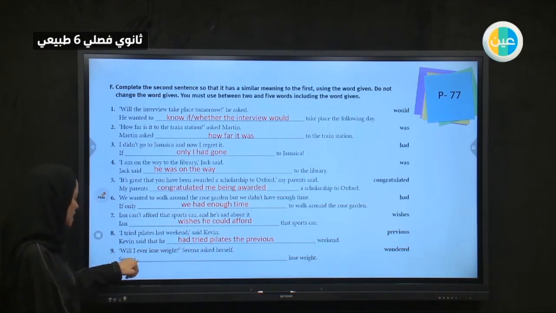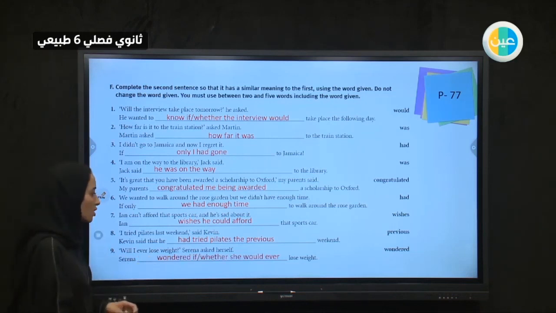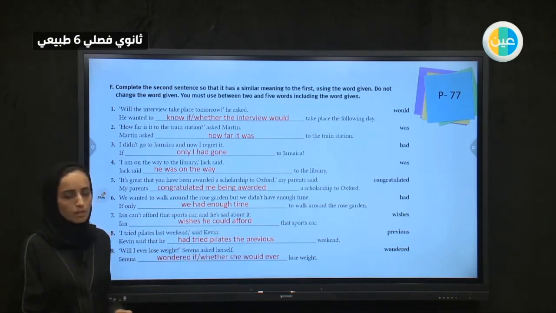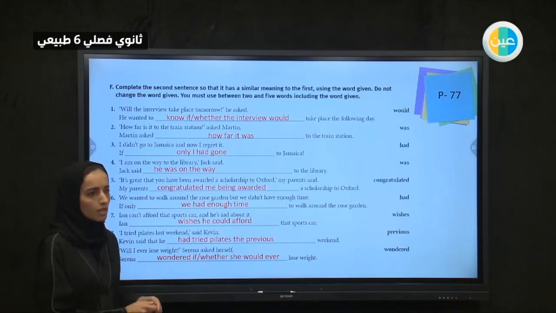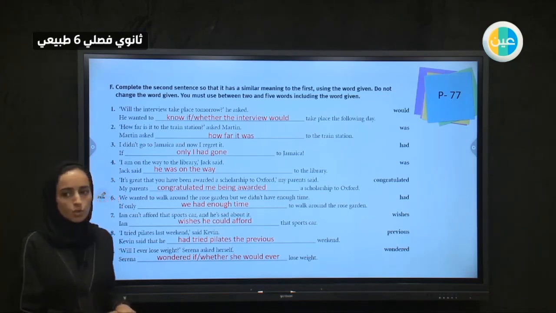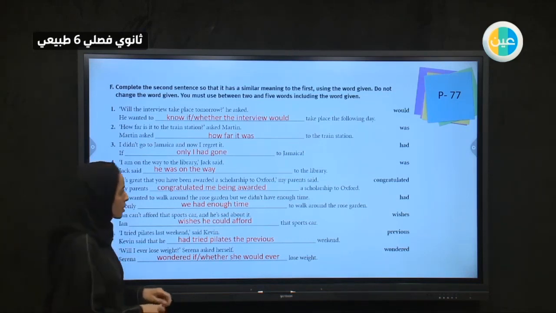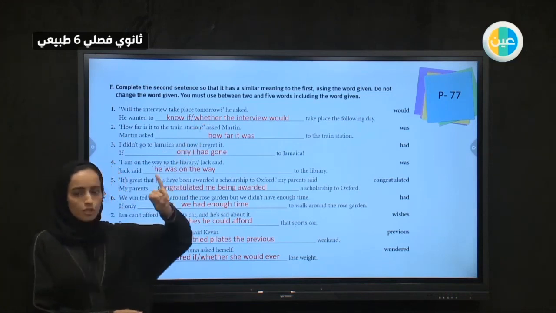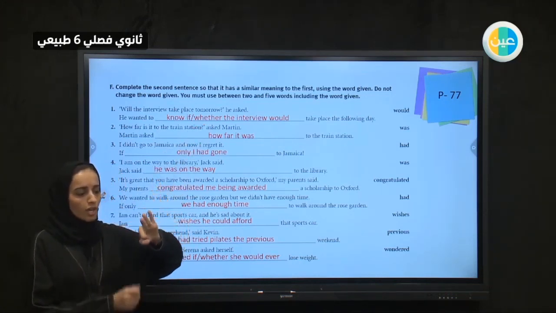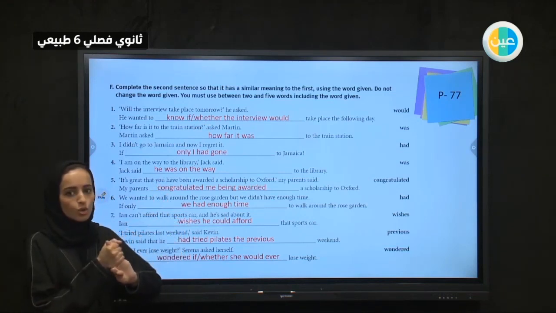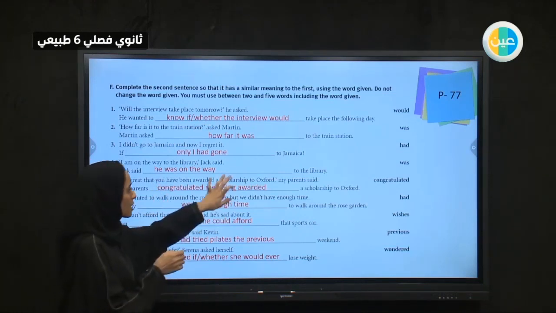Serena wondered if or whether she would ever lose weight, and she believed, we have the sense that she believes that she would never do that. Just revise whether it is an inverted form, a question or a sentence to report, or just a wish or a regret. Okay, that's it for today.